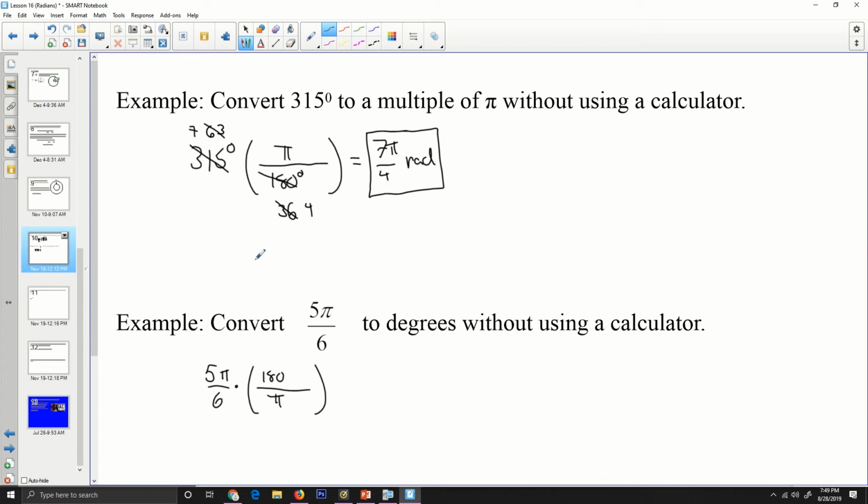Then my pi's cancel, and 6 goes into 6 one time, 6 goes into 18 3 times with 0 left over. So the pi's have canceled, the 6 is canceled, and there's a 1. 1 times 1 is 1. We would never put anything over 1. So 5 times 30 is 150 degrees, and we'll go with that.